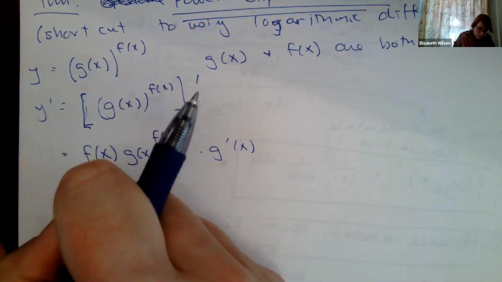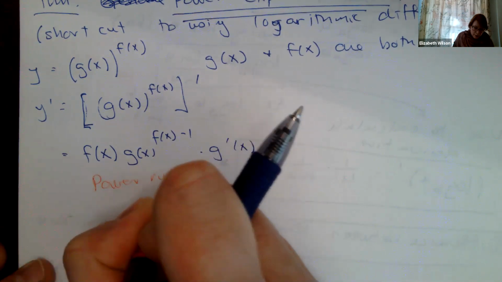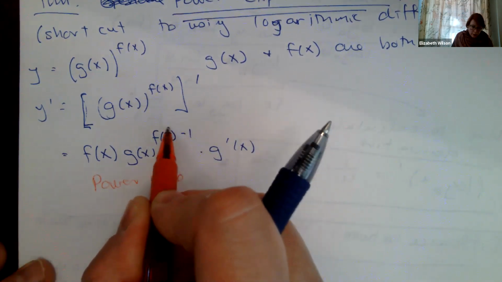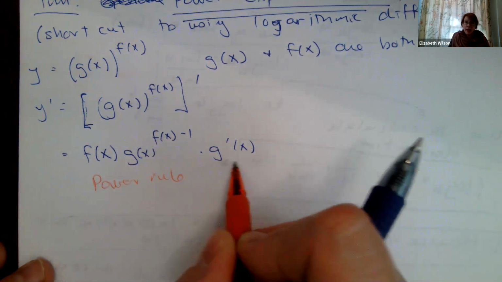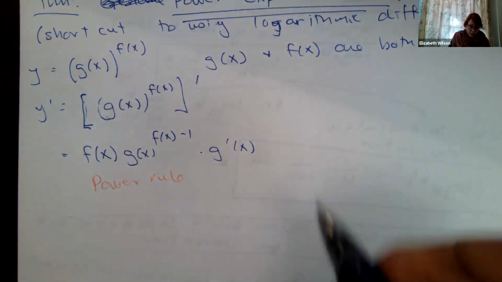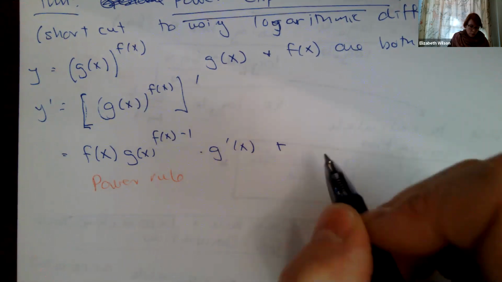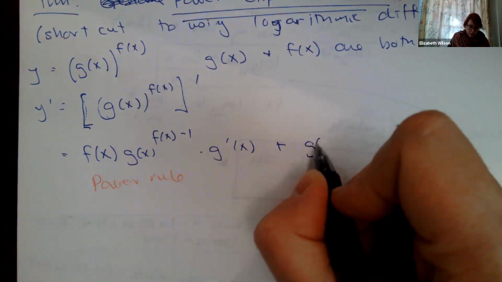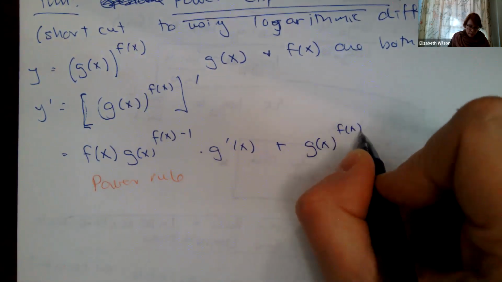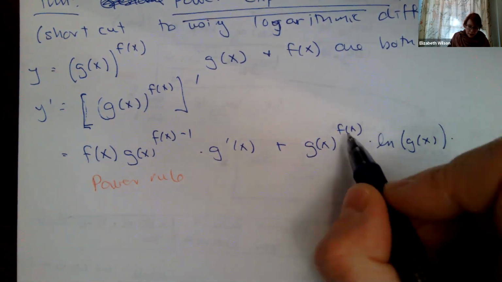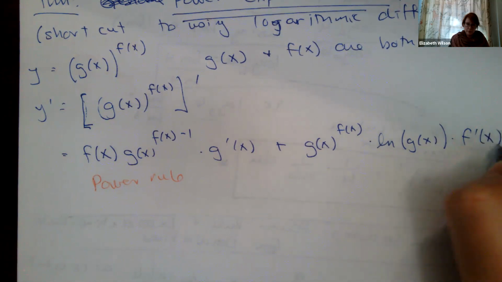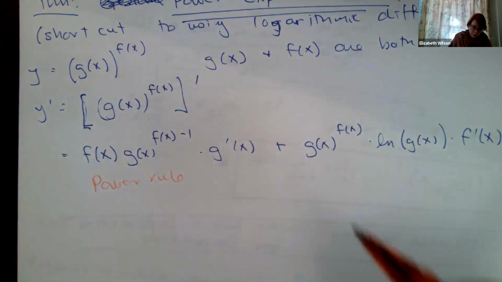I'm bringing the exponent down out front, subtracting 1 from my exponent, and then I do the chain rule here. Plus my exponential part: I repeat the exponential, I take the natural log of the base, and then I do the chain rule. This is my exponential rule.